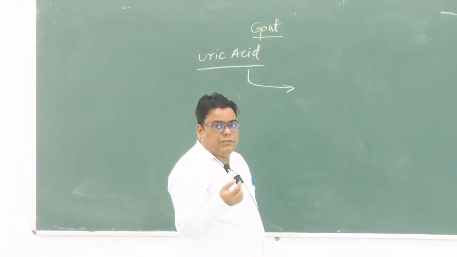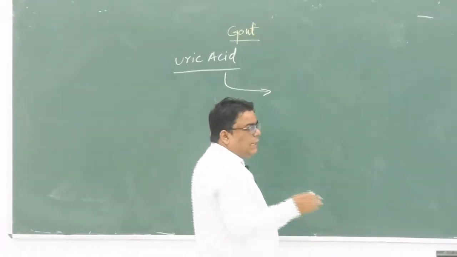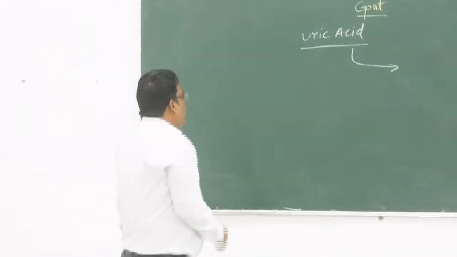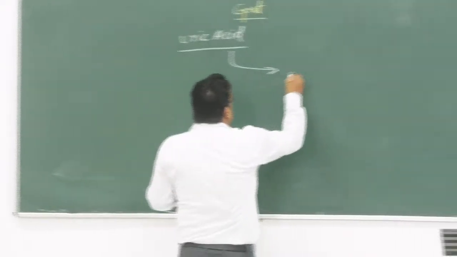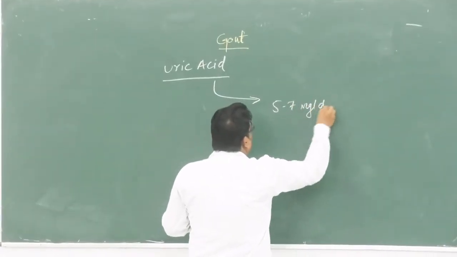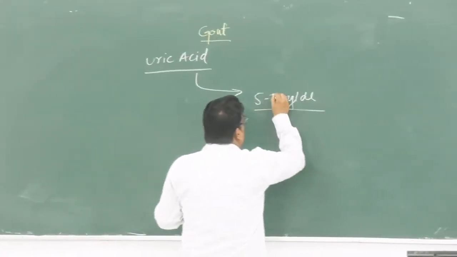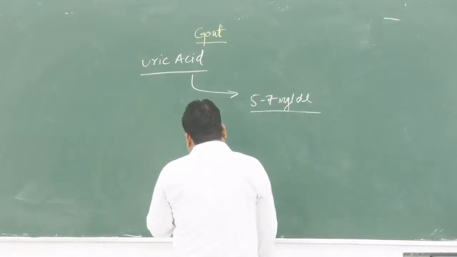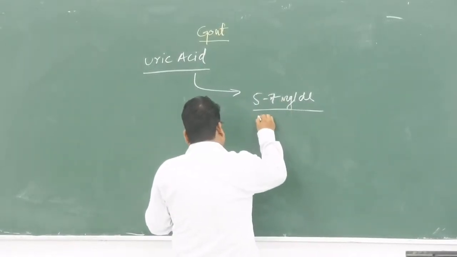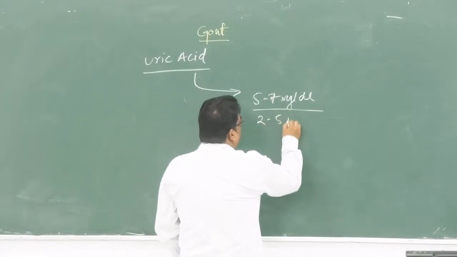Increased to how much? The question is that before that you have to know the normal value of uric acid. The normal value of uric acid is 5 to 7 mg per dl.